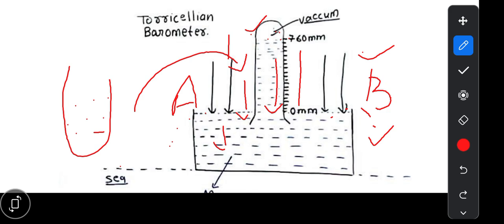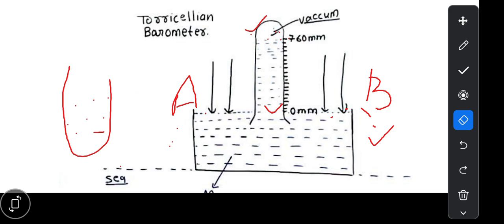If the decrease or increment in the liquid level is the same, we can say that the atmospheric pressure is the same. If we talk about the sea level, that is the sea level, and I have mentioned that at the sea level, atmospheric pressure is basically 1.013 × 10^3 kilopascal.